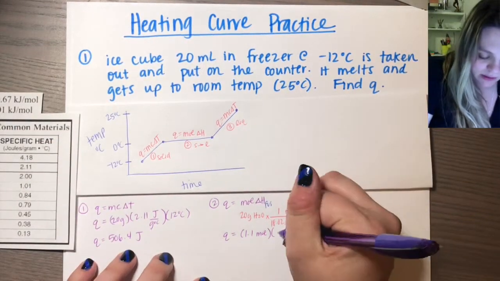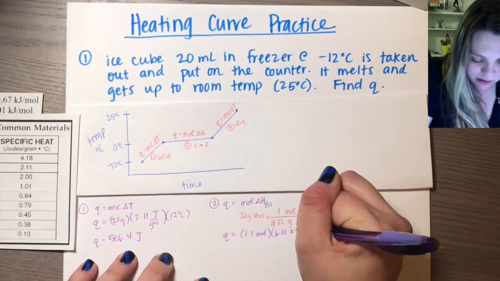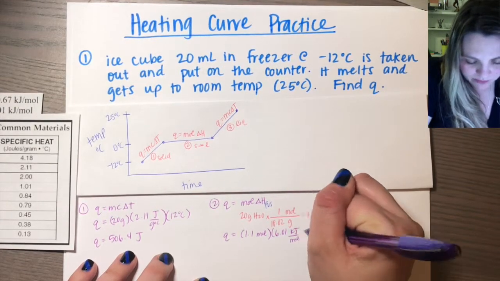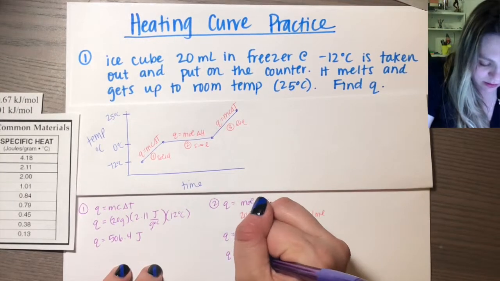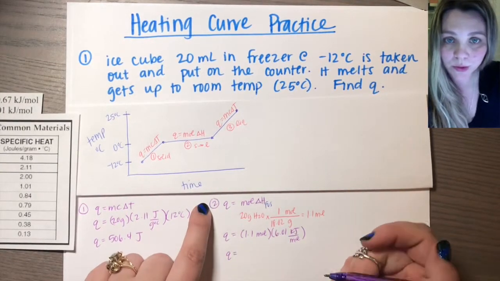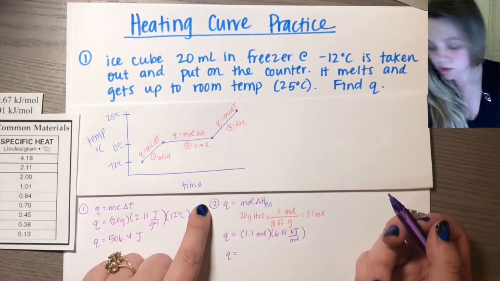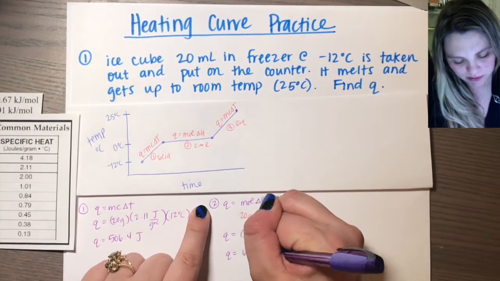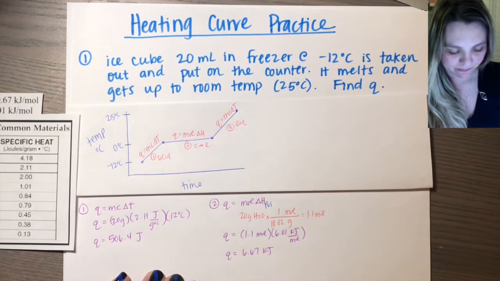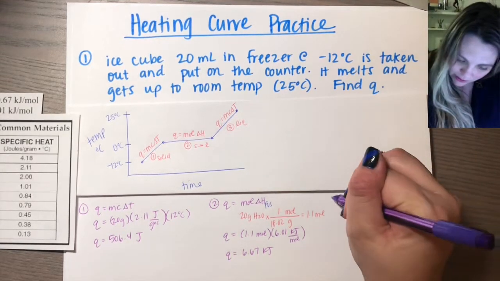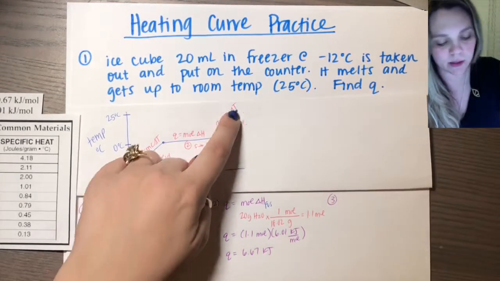So times 6.01 kJ per mole. Your moles will cancel out, and you will find that Q for step 2 is equal to 6.67 kilojoules.